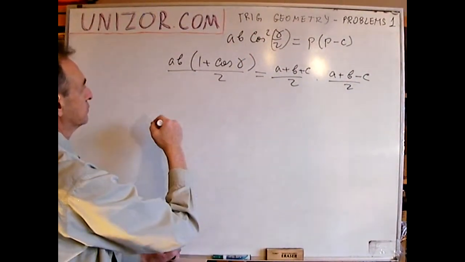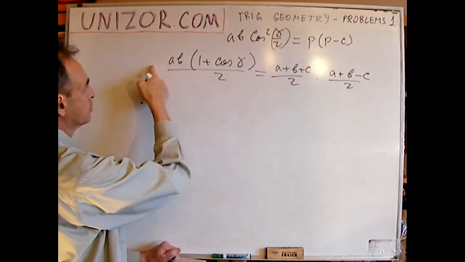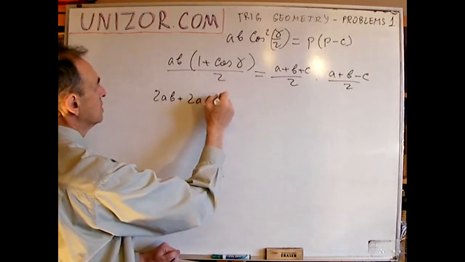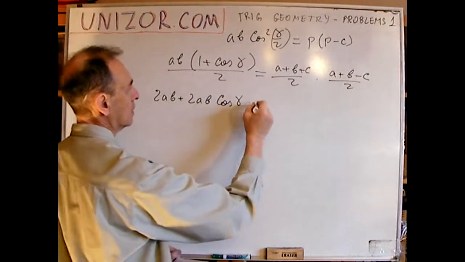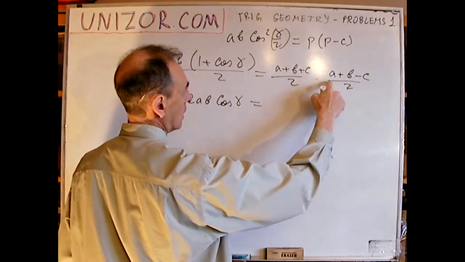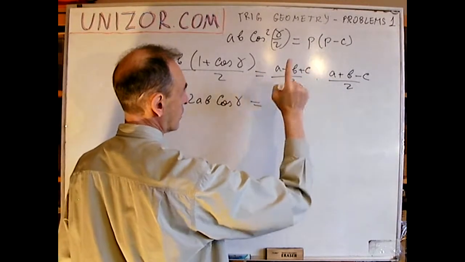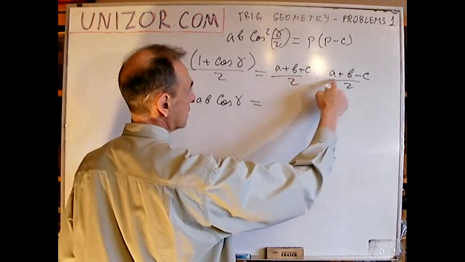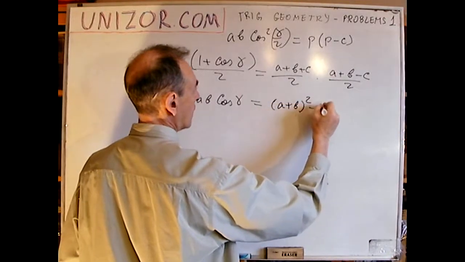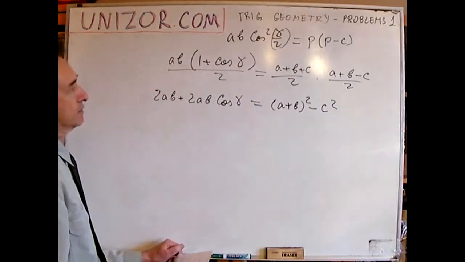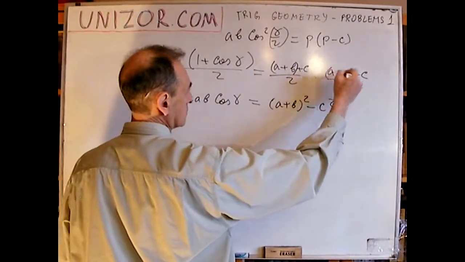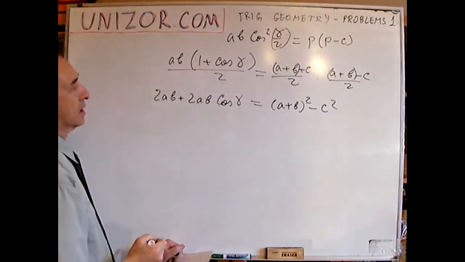Again, multiplied by 4, so this would be 2AB plus 2AB cosine gamma, and here it's A plus B plus C and A plus B minus C, right? So it's A plus B square minus C square.